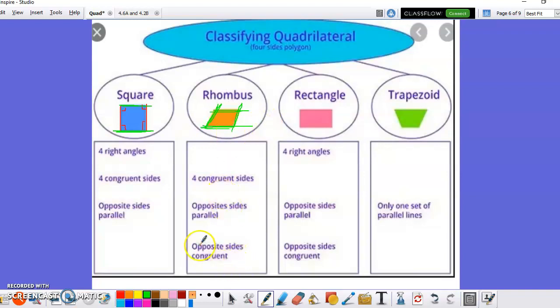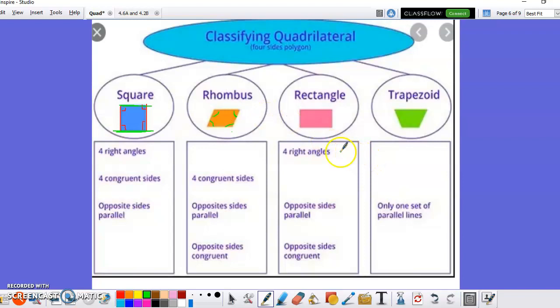Now, it's also congruent. That means if you were to cut it in half, it looks the same on either side. But we notice with this rhombus that it does not form right angles. The angles that we see here are, well, here's an obtuse angle, here's another obtuse angle, and when I look here, we have acute angles right here.